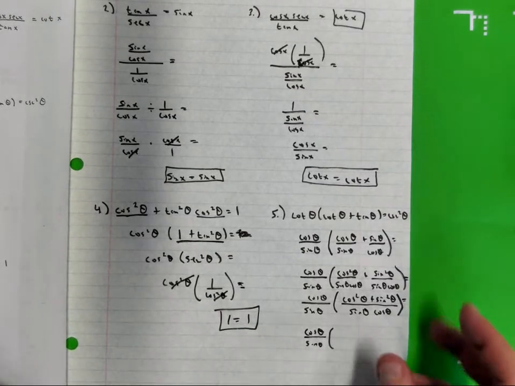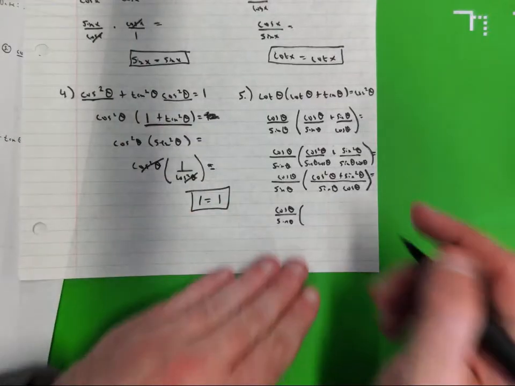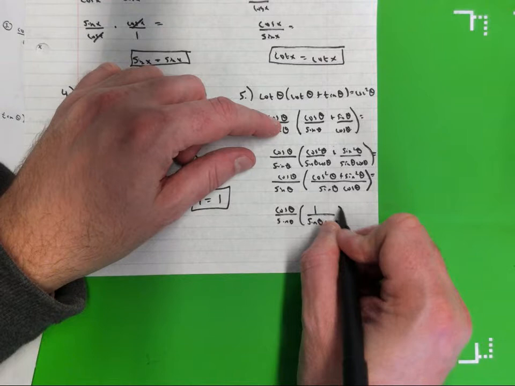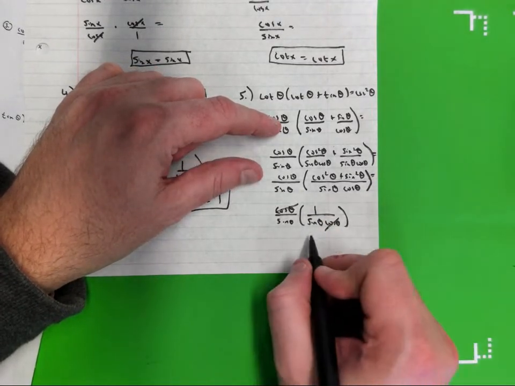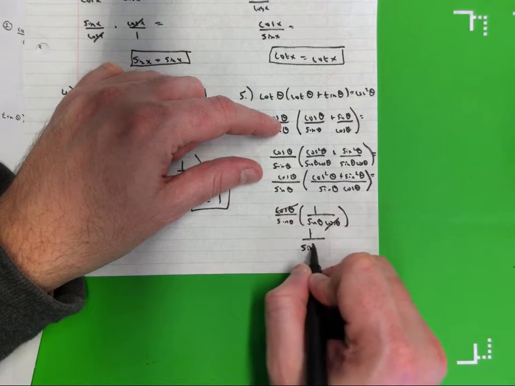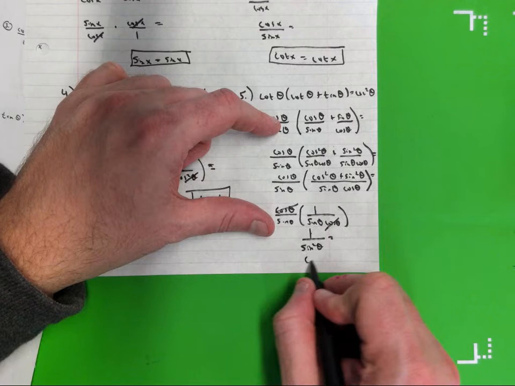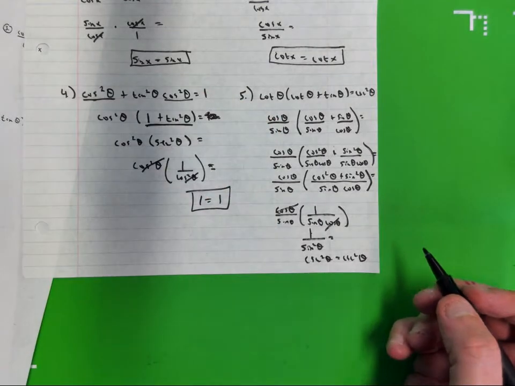Cosine squared plus sine squared is a Pythagorean identity that is equal to the value of 1. There's no plus here, so I can cross simplify. Those cosines cancel out. I'm left with 1 over sine squared theta. Well, I want it to be equal to cosecant squared. Well, that is equal to cosecant, so cosecant squared theta equals cosecant squared theta.